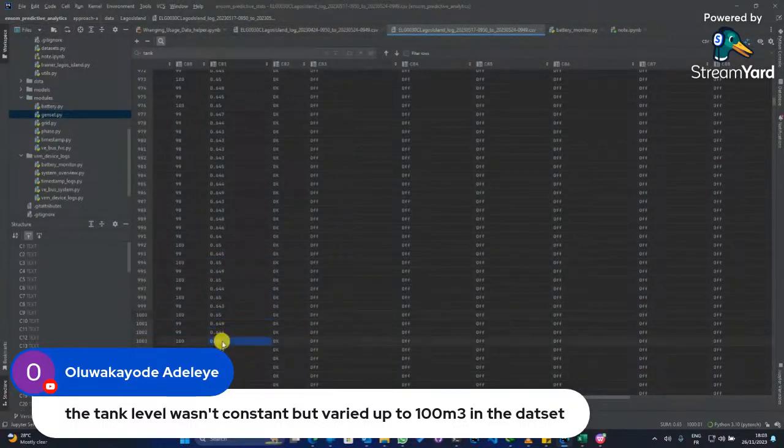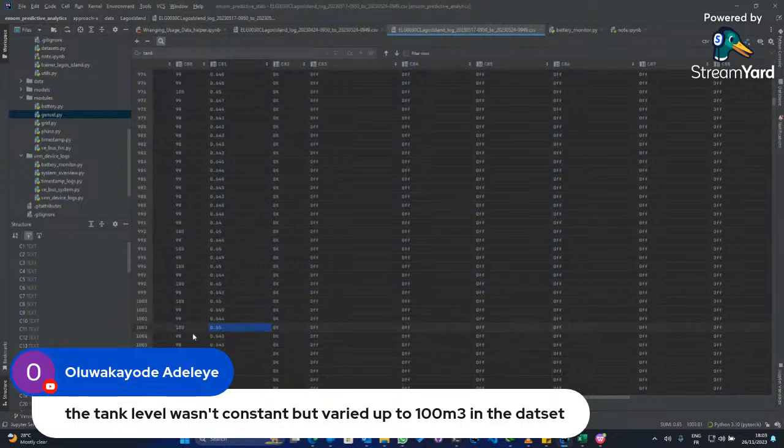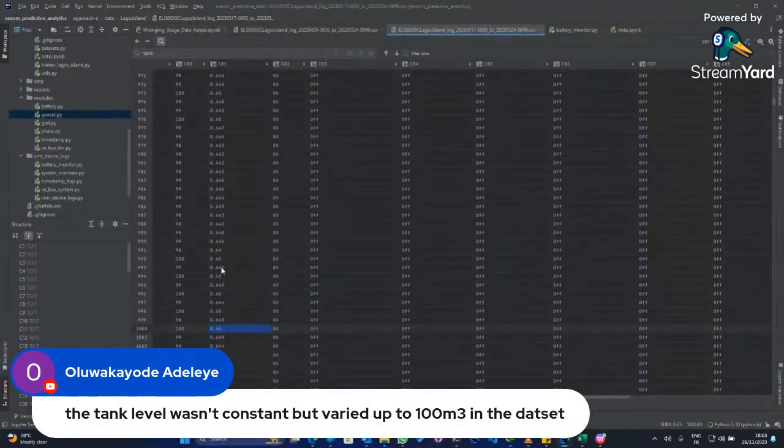No, I'm actually right. The tank level is in terms of percentage, and the remaining fluid is just the actual remaining fluid.